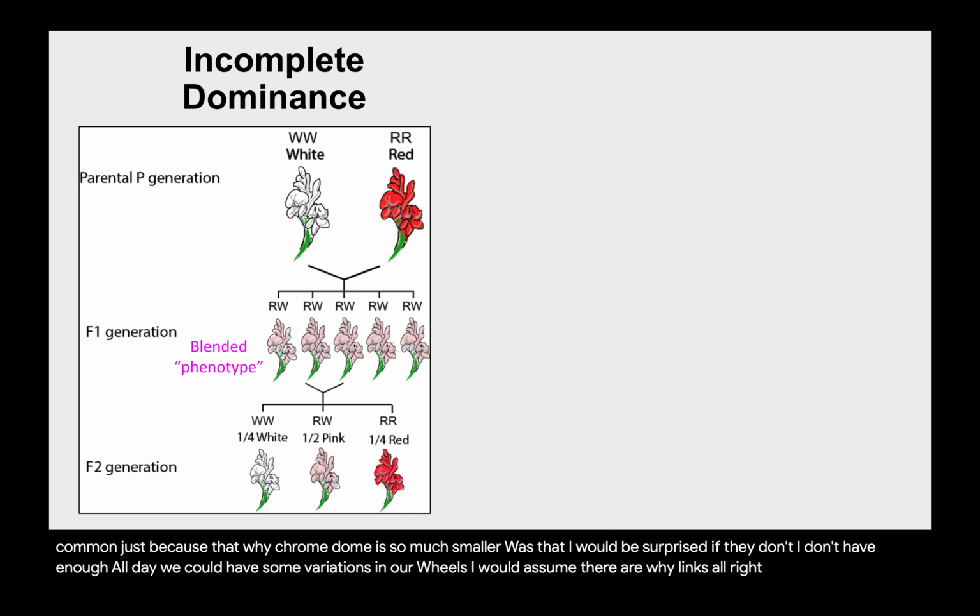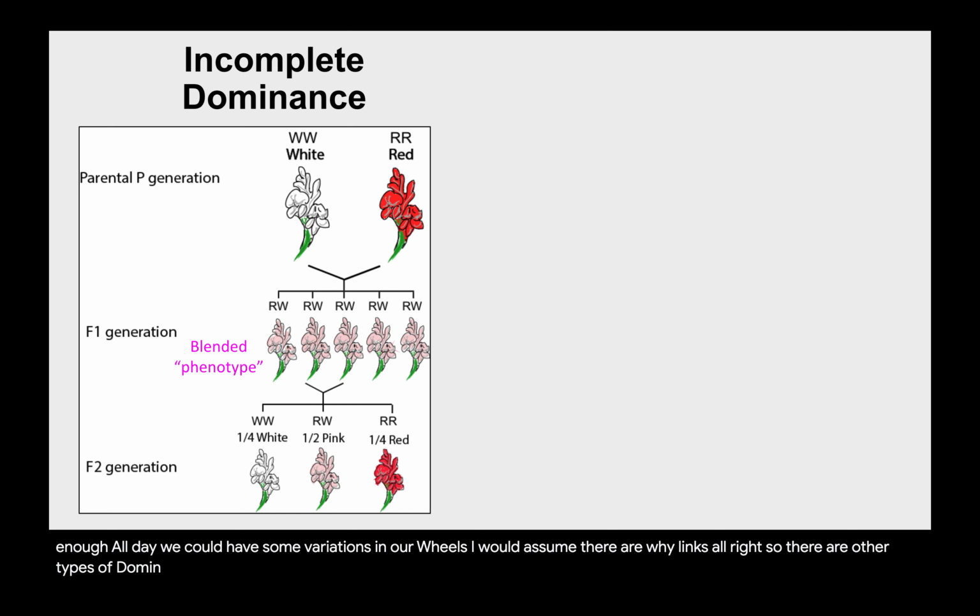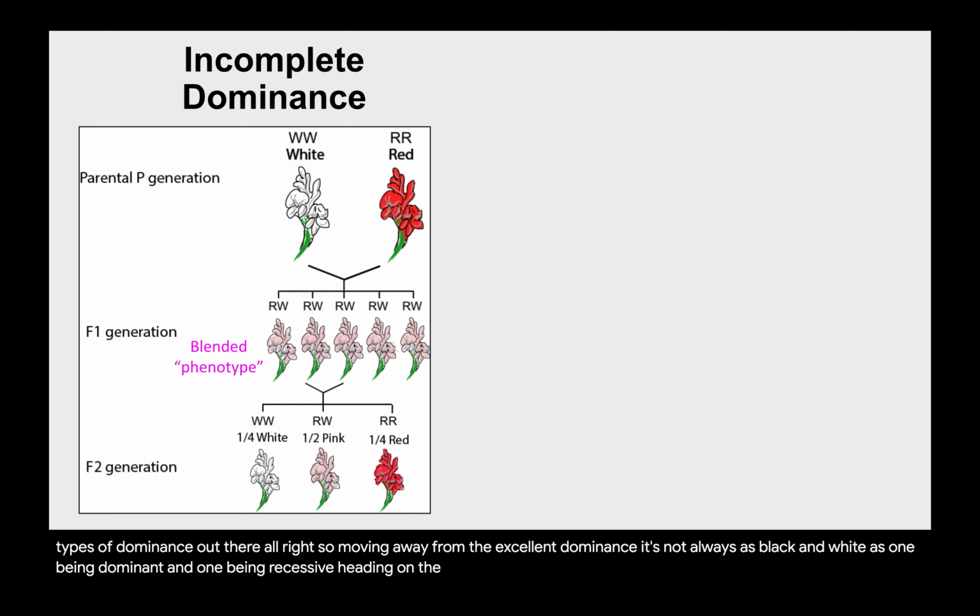All right, so there are other types of dominance out there. Moving away from X-linked dominance, it's not always as black and white as one being dominant and one being recessive. Depending on the gene we're looking at, we could get different phenotypes showing up. One of these is incomplete dominance.